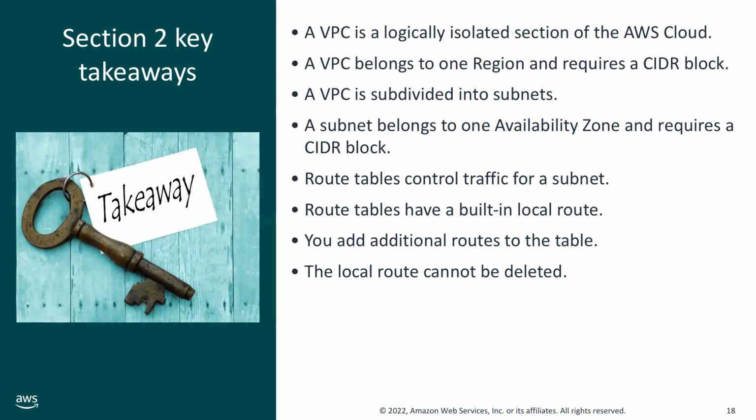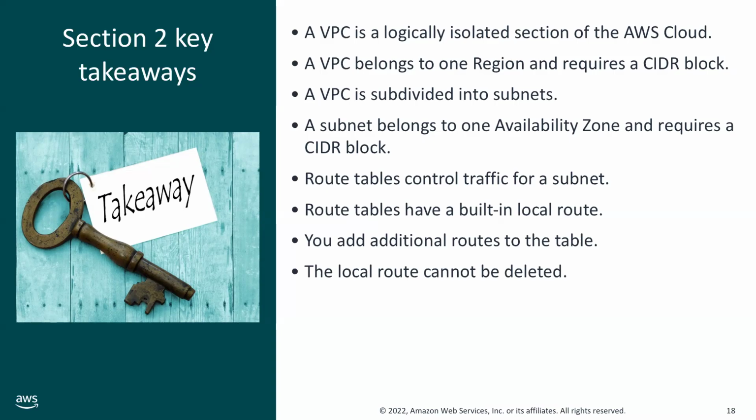Now, we just looked at what a VPC is. A VPC is a logically isolated section of AWS, right? A VPC is a regional resource, a region-level resource. And to identify that VPC, we need to give it a CIDR block. That's basically a range of IP addresses, right? Now, a VPC can be further divided into subnets.